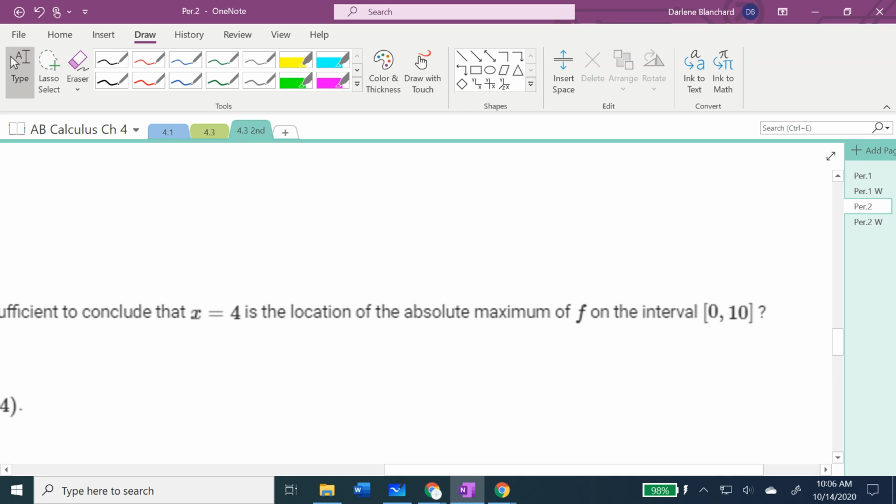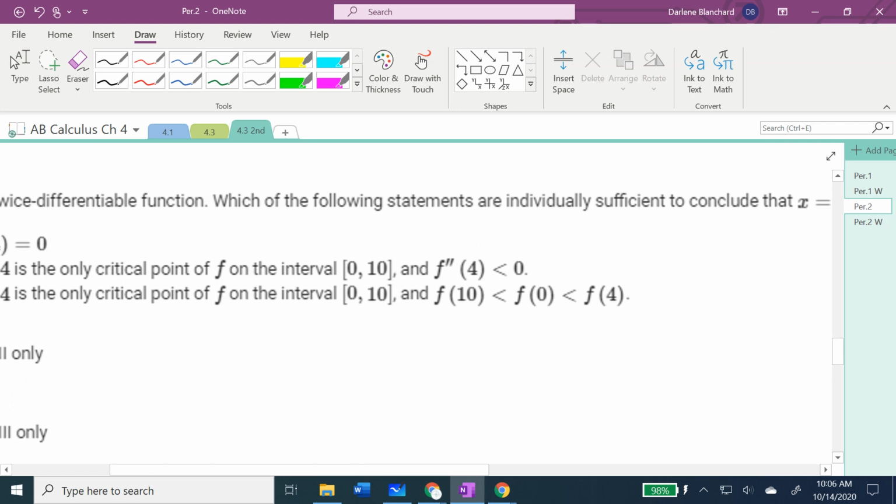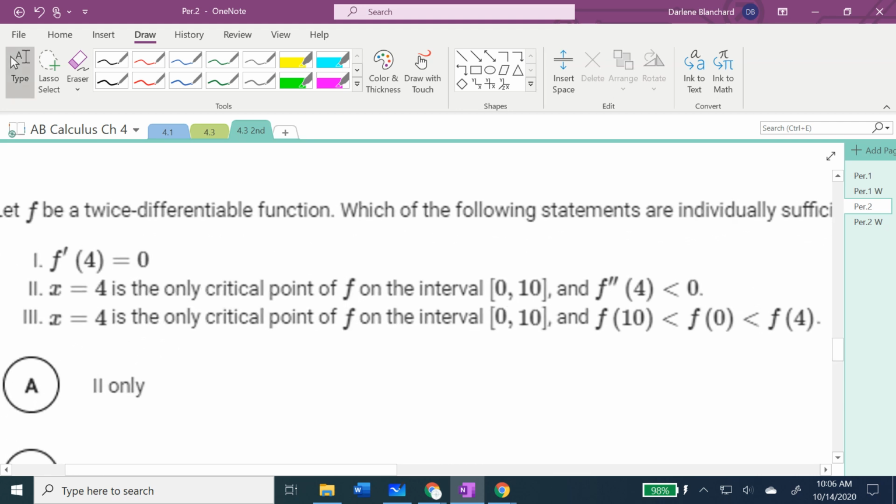Which of the pieces of information is by itself, standalone, enough information to say there is an absolute maximum at x equals 4? I'm going to give you a short bit of time.